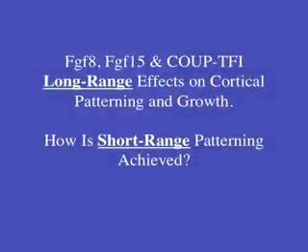So we're beginning to understand how this COUP-TF1 expression pattern or gradient is generated, and then we understand a bit about how COUP-TF1 controls these important features of building a cortex. So FGF8 and FGF15 and COUP have very extensive and long-range effects on cortical patterning and growth. So almost the whole cortex is changed, which is very interesting and very important.